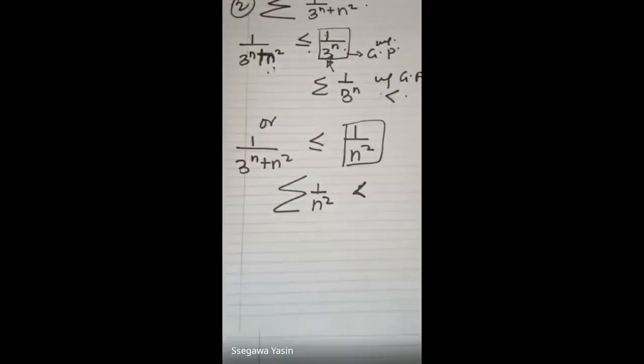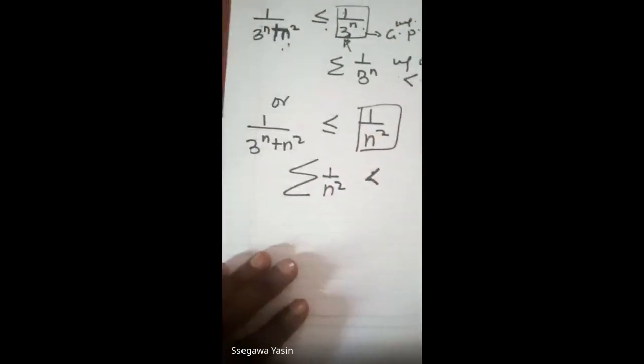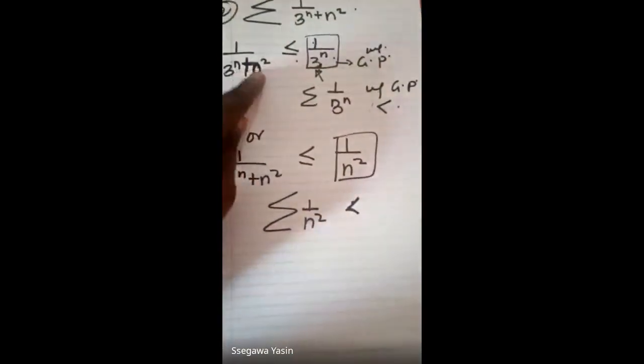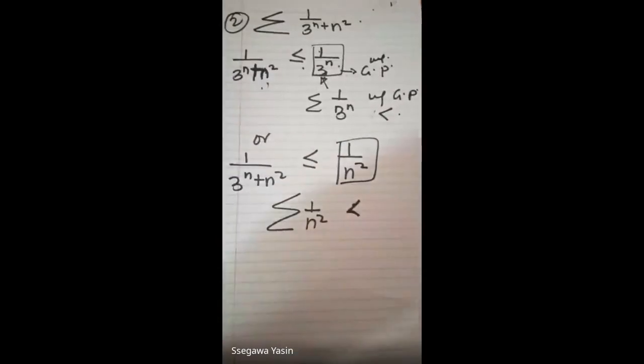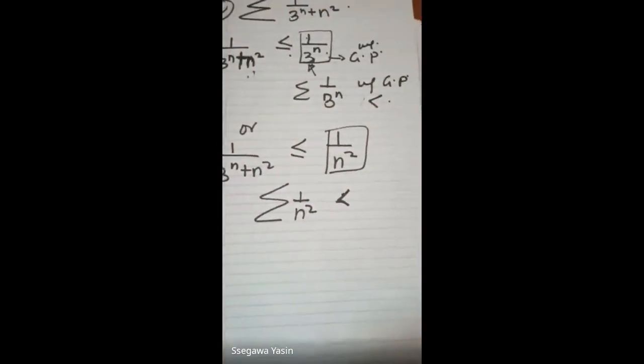So you choose between the two, but still the answer will be the same. That's what I wanted to show you in this example. And that is the beauty with it. You are free to drop either this guy or this guy, and then the answer will come. So I want you to use the knowledge you have covered so far to show that indeed this one here converges. If it converges, the answer is convergent.